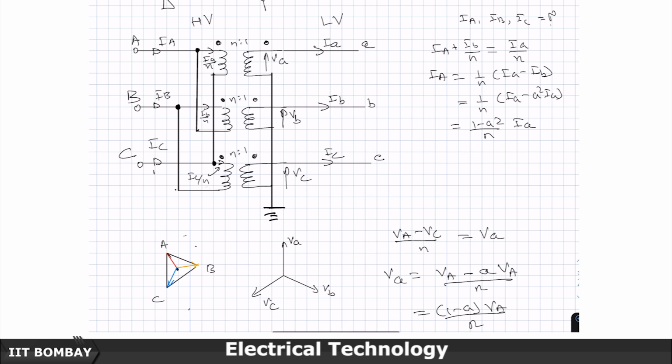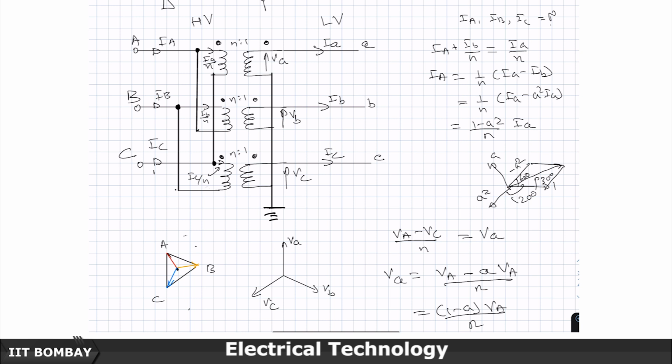But if this is 1, this is a, this is a square at 120 degrees, then this is minus a square at 60 degrees. So, completing the parallelogram, 1 minus a square is root 3 at an angle of 30 degrees.